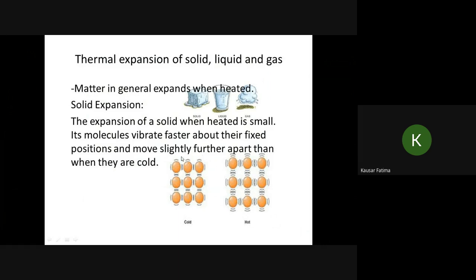The slight distance between the molecules will change. See that there are three molecules shown in this. So this vibration will cause the distance between the molecules to slightly increase. So of course the object will become bigger in size. Okay. In the same way, when things are cooled down, they will contract. And anything which expands more on heating, it contracts more on cooling.